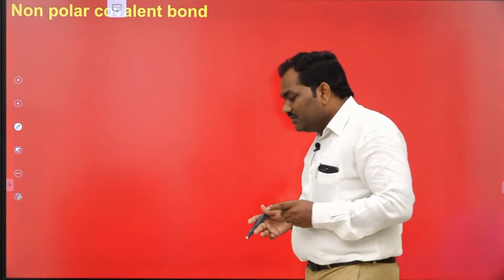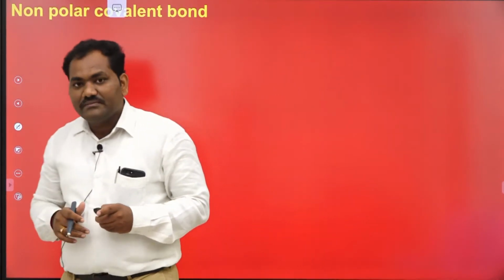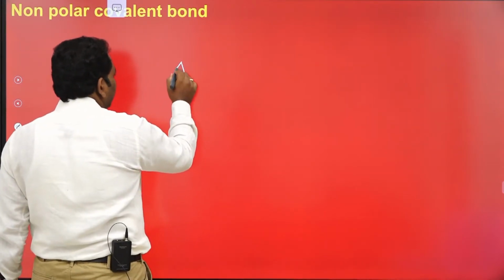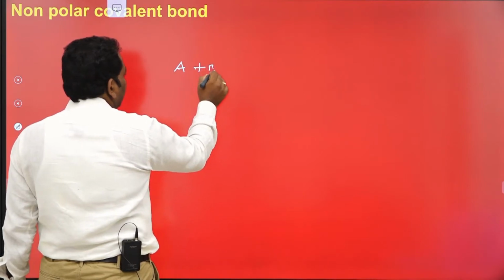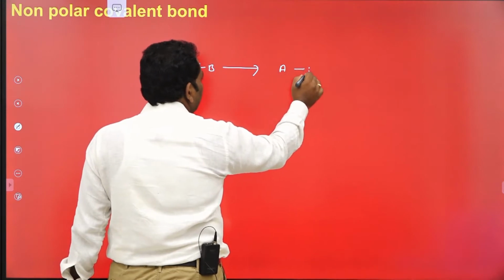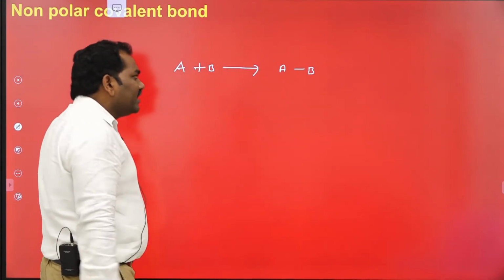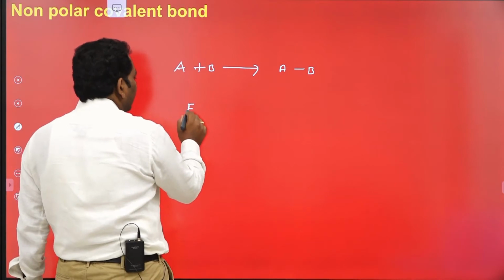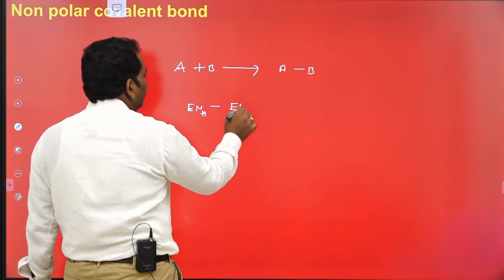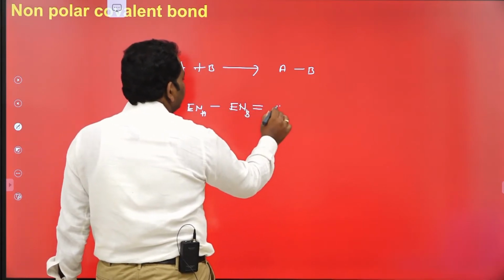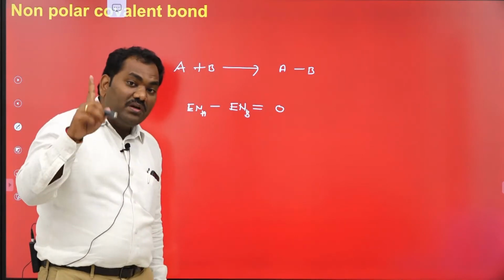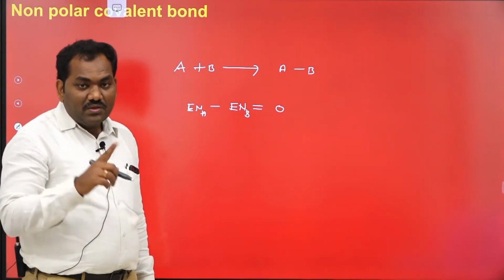For example, if a bond is formed between A and B, A plus B combine to give A-B. If the electronegativity of A minus the electronegativity of B, EN of A minus EN of B, is 0, then it is considered a non-polar covalent bond.